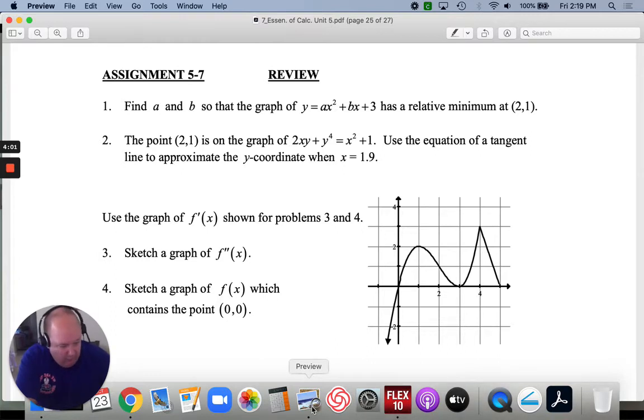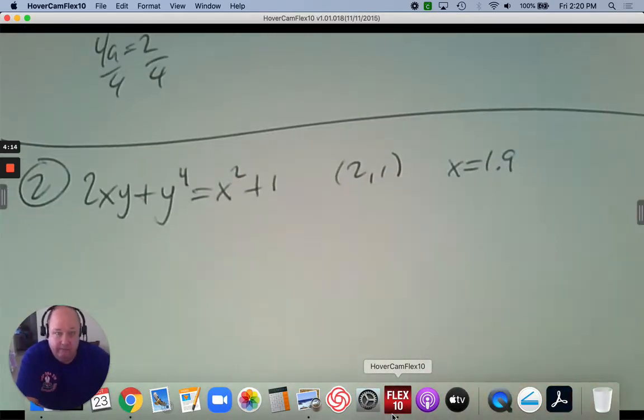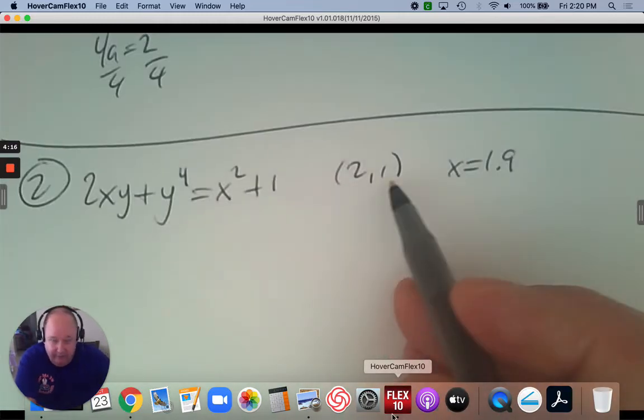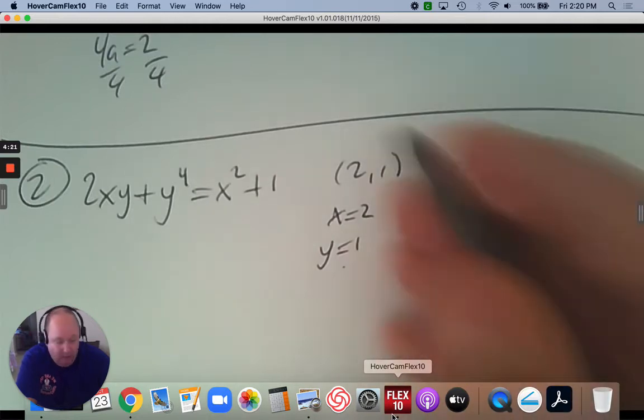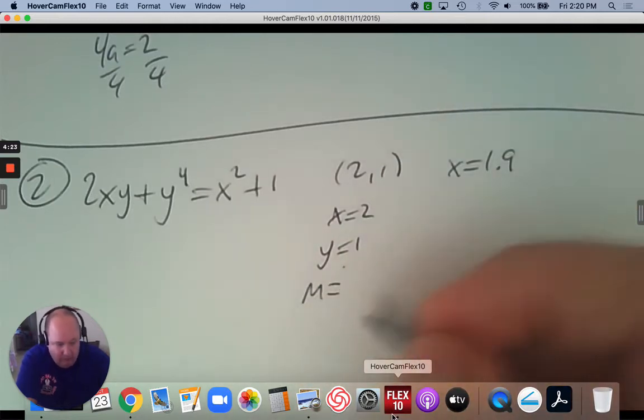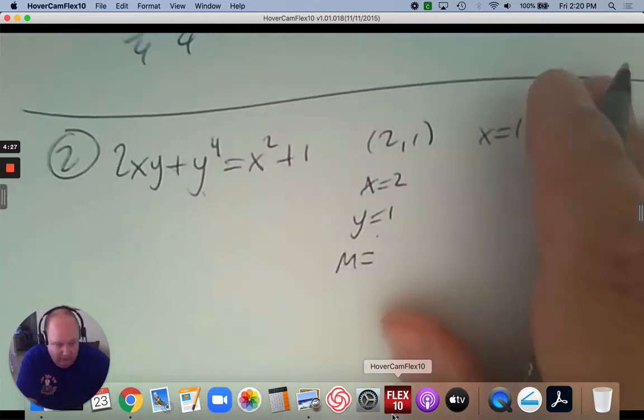My goal is to approximate when x equals 1.9 what y would be. To use the equation of a tangent line, I already know x is 2 and that y is 1. I need to know the slope, which is the derivative at that point.